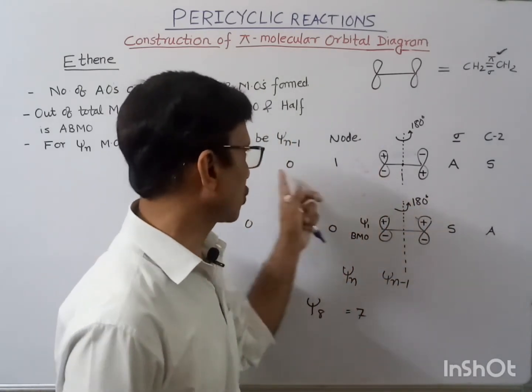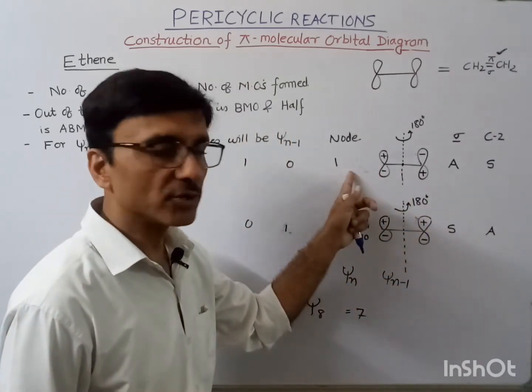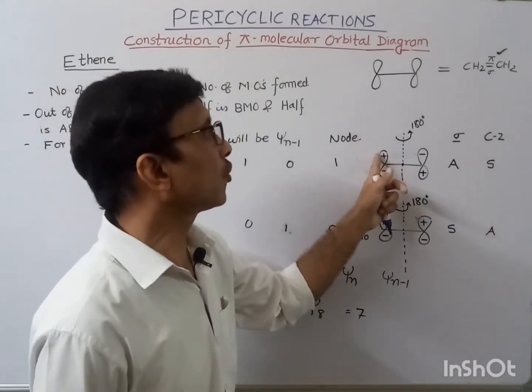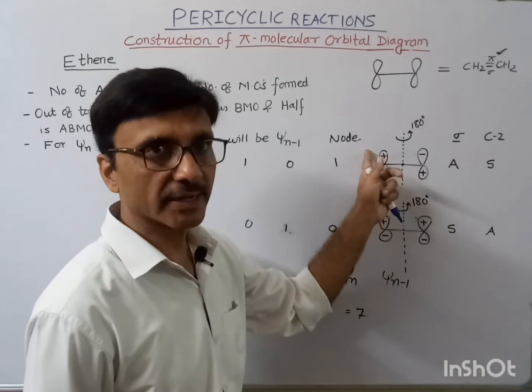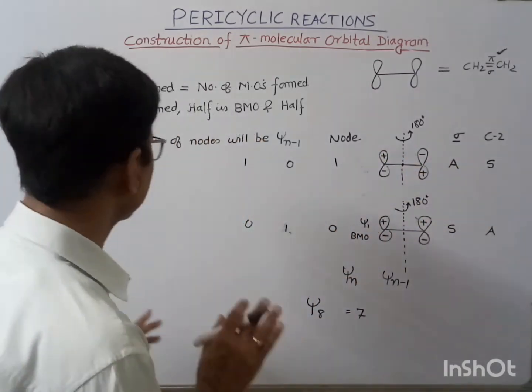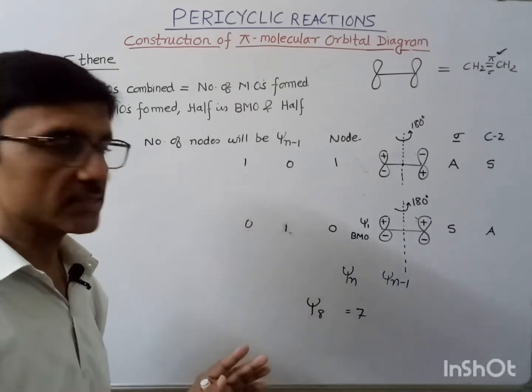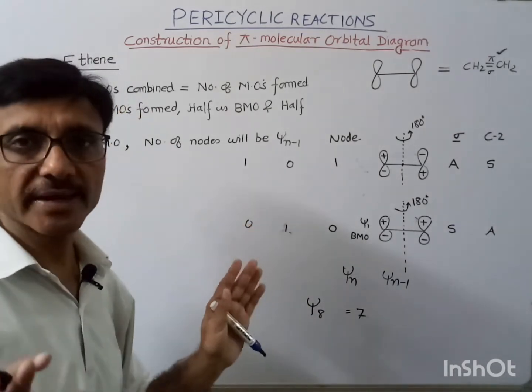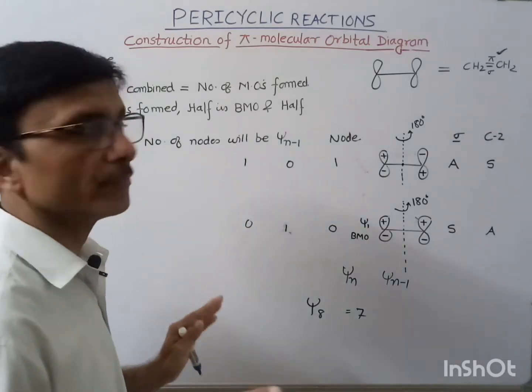For even molecular orbitals, psi 2 is even. So for even molecular orbitals, the end orbitals will have the opposite sign, that is plus minus, plus minus. So I am writing the rule, then you will understand the same rule when I draw the next molecular orbital diagram of butadiene.